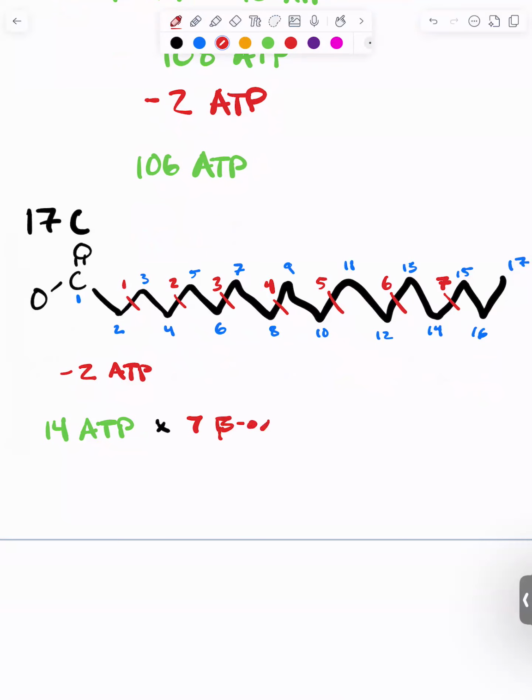Again, I'm going to abbreviate it beta-ox. Then plus, here's the difference. We don't get an extra acetyl-CoA. Acetyl-CoA is 2 carbons attached to coenzyme A. We get something that is 3 carbons, and it is propionyl.